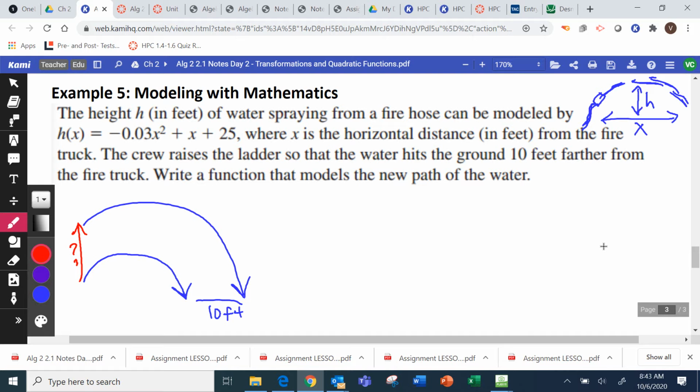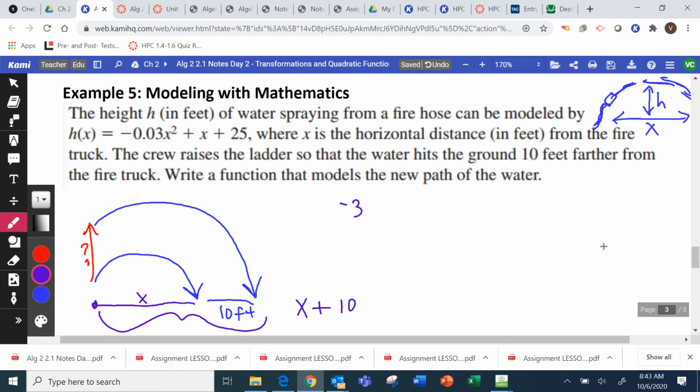Let's see here. This was x, and now it is what? And now it's x plus 10. Right? It was x, now it's x plus 10. So if we take the equation, oops, I totally messed that one up.